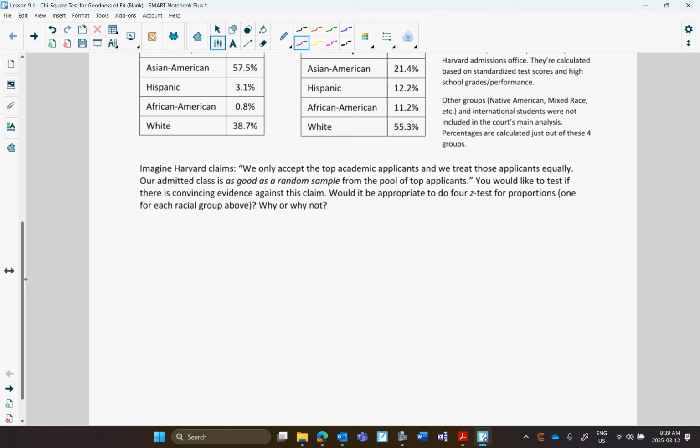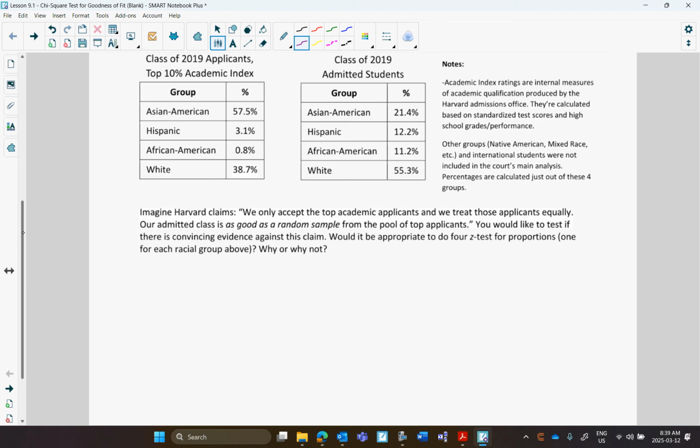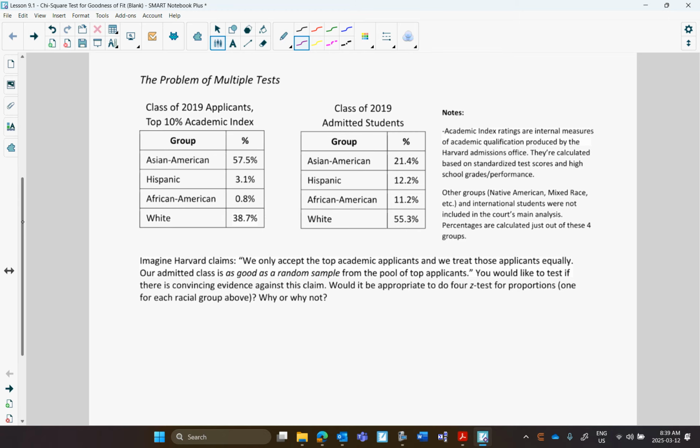Now, one thing we could do from what we know so far is do 4 Z-tests for proportions, one for each group, and then see if there was convincing evidence. But there's a problem with that: multiple tests.